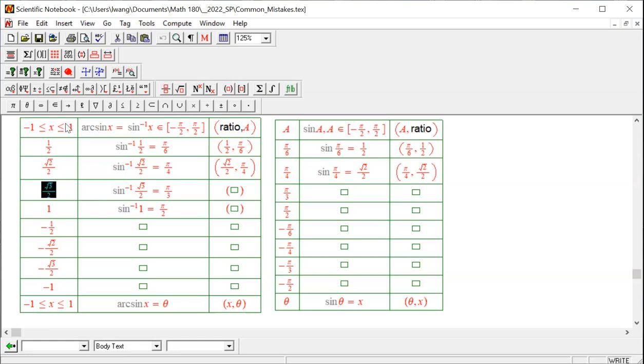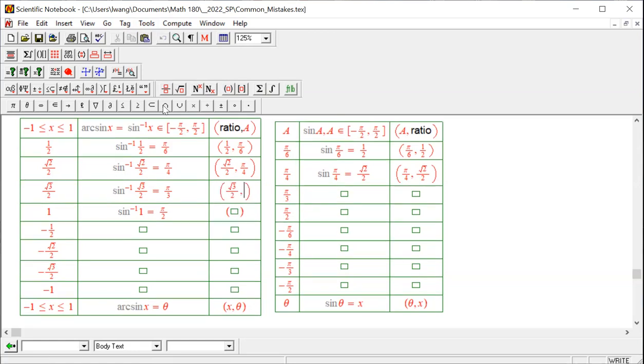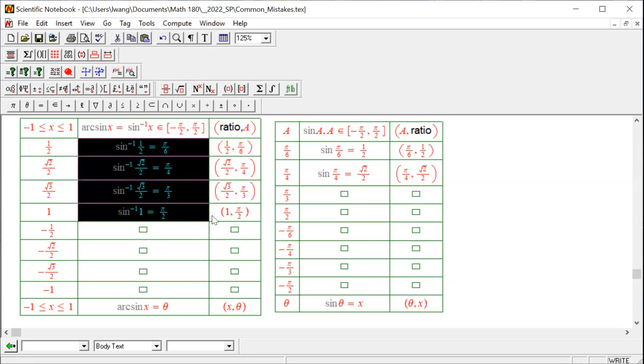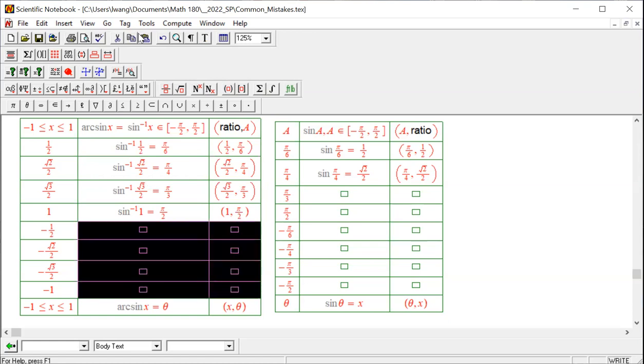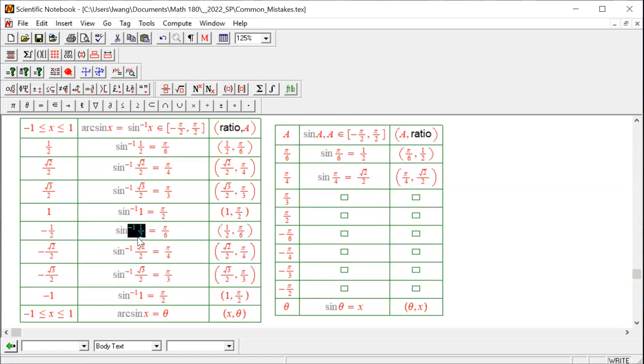And I'm trying to be quick because I don't want to make this super long and make you feel burdened. But if this helps, if you just do it yourself, it really enhances the understanding. And what I'm going to do is just copy and paste and change the sign.